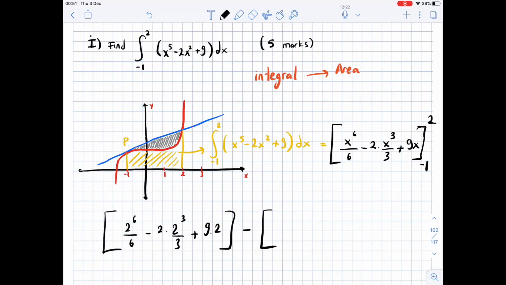So -1 to the power of 6 divided by 6 minus 2 times -1 to the power of 3 divided by 3, plus 9 times -1. That's it. We are going to take away right now.